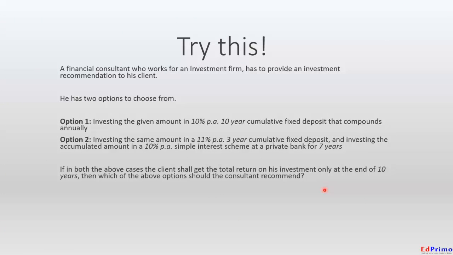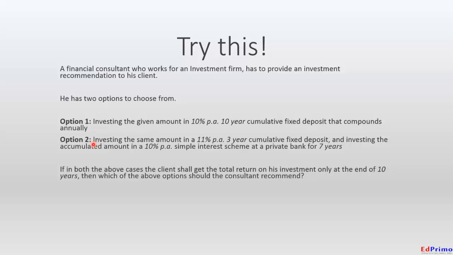Now before we move on, here's a question for you to try. A financial consultant who works for an investment firm has to provide an investment recommendation to his client. He has two options to choose from. Option 1, investing the given amount in a 10% per annum, 10-year cumulative fixed deposit that compounds annually.